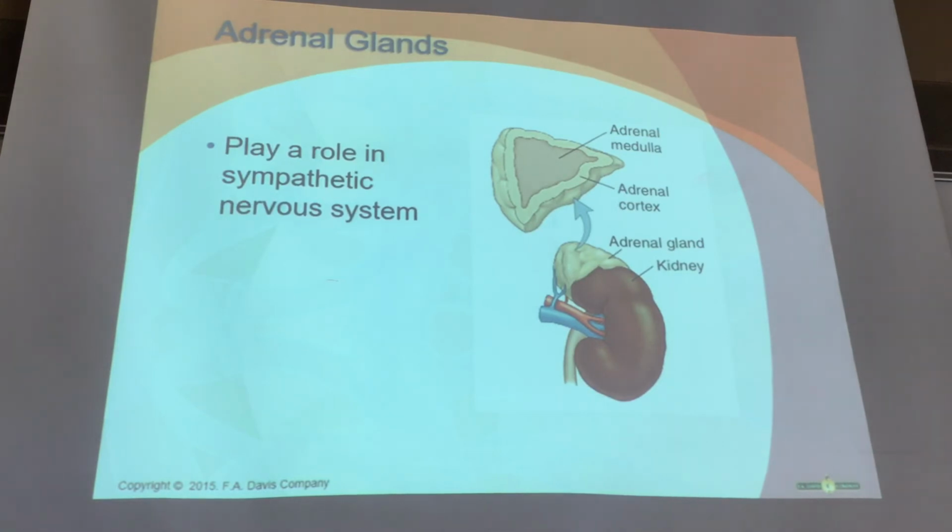So our adrenal glands, they sit right on top of your kidneys. You've got two kidneys, they're kind of right back here, and then you've got these glands that sit right on top of them. They play a large role in this sympathetic nervous system response. And so, what hormone do you think the adrenal glands may release?